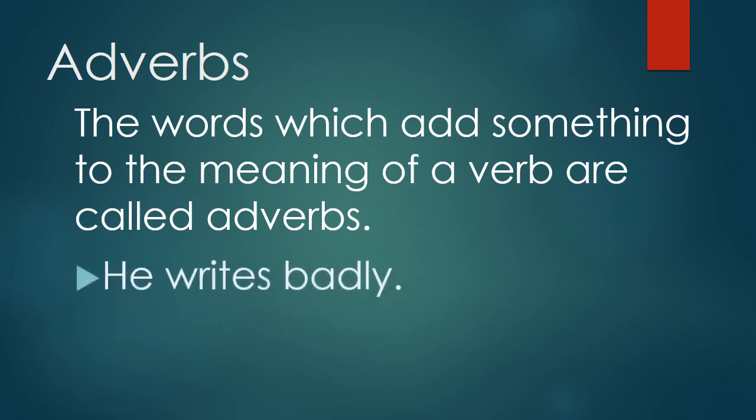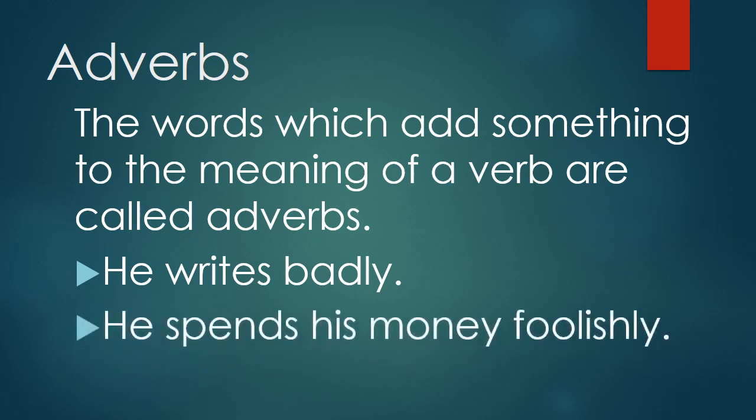For example, he writes badly. He writes. This is the sentence. But if we add the word badly into the sentence, he writes, then it adds something to the verb writes. Similarly, he spends his money foolishly.